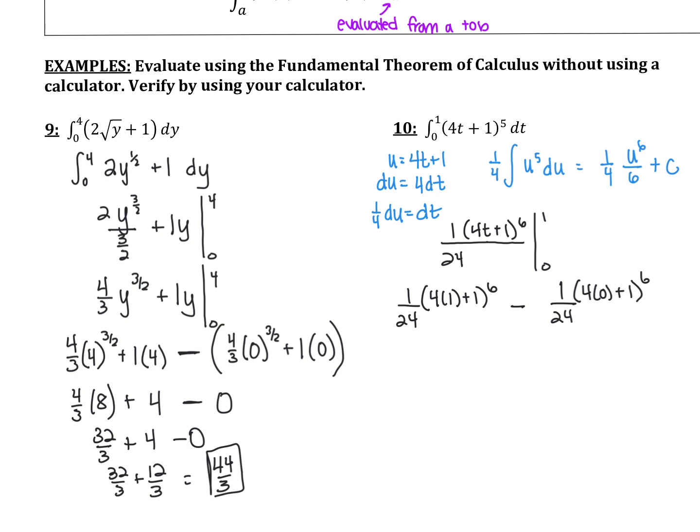Okay, so this will end up being 5 to the 6th over 24. Remember, this was a non-calculator question. Minus, well, this would give me 1 to the 6th, which is just 1, so 1/24. Without a calculator, this is as much as I can do. I mean, I probably could figure out what 5 to the 6th is if I spend enough time multiplying. I don't want to. So, how'd we do? That's the fundamental theorem of calculus.